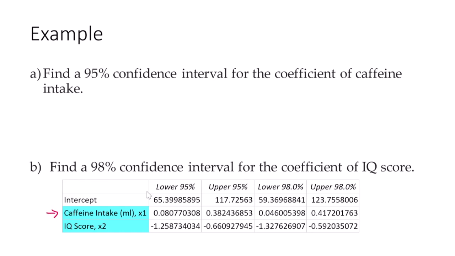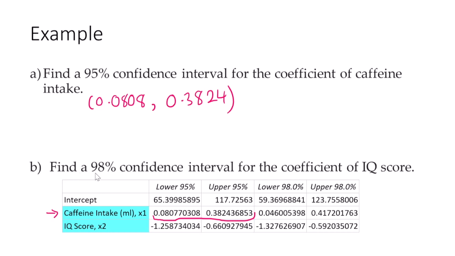A 95% confidence interval would be from 0.0808 to 0.3824. So the values are over here.